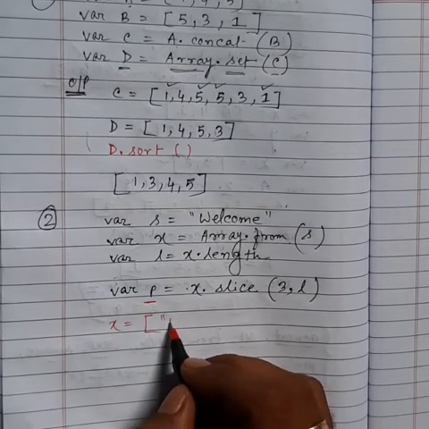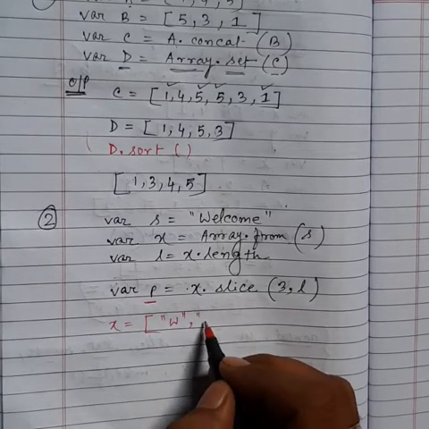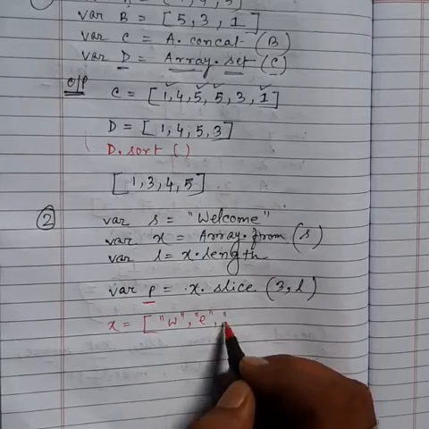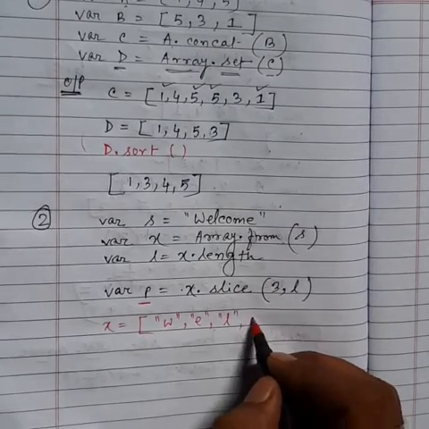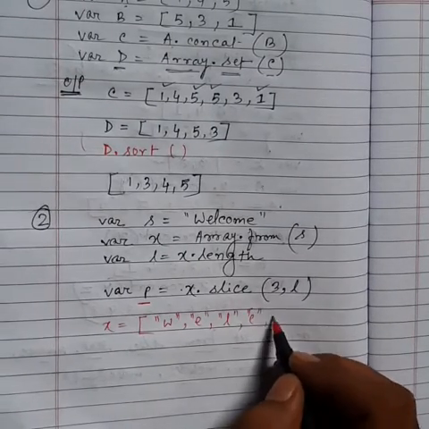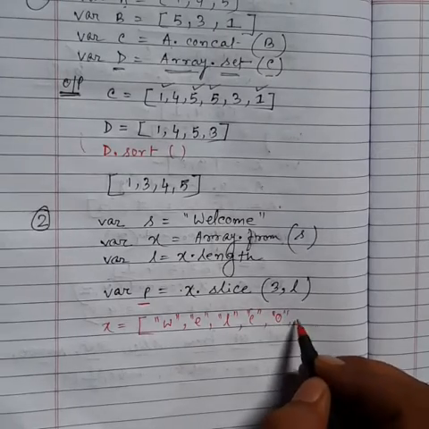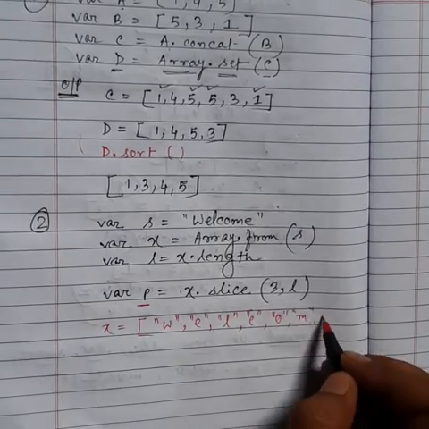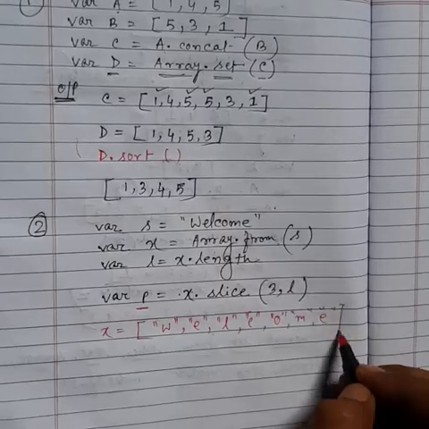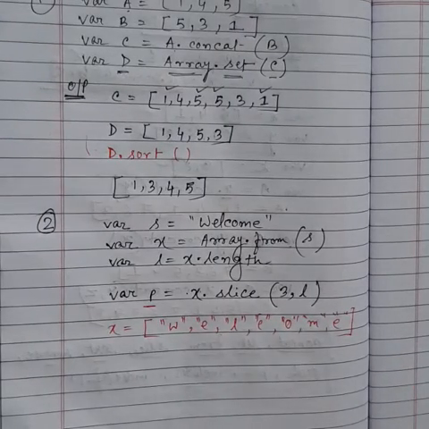It will look like this: w e l c o m e. Each character will become an array element. This will be the outcome of x.